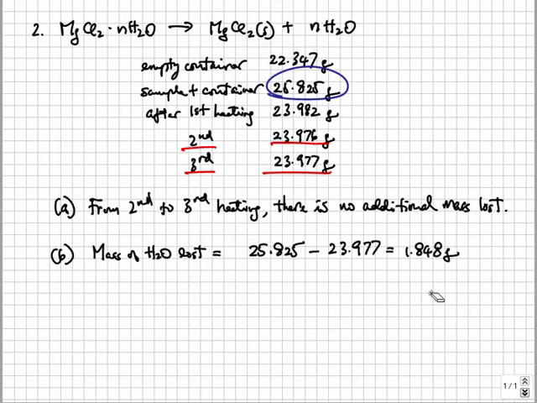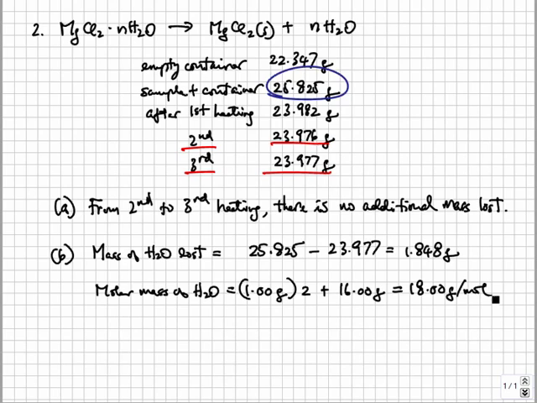To compute the number of moles corresponding to this, we need the molar mass of water. Dividing the mass by the molar mass, we get 0.1026 mole of water.